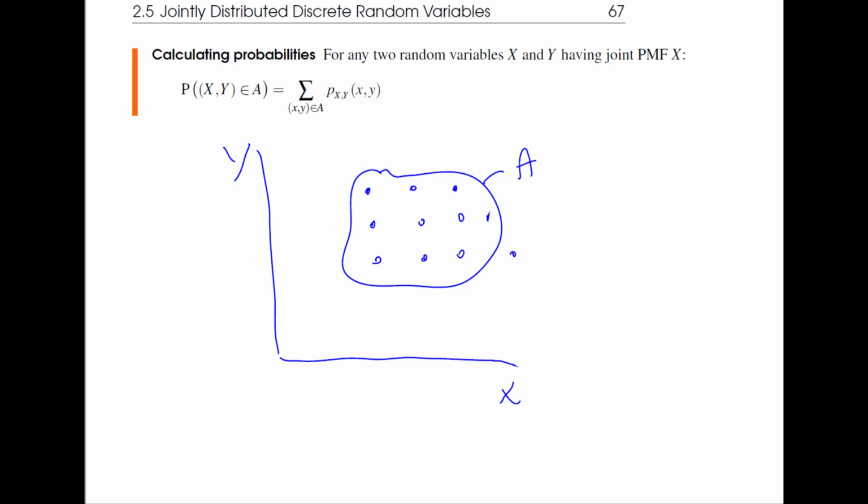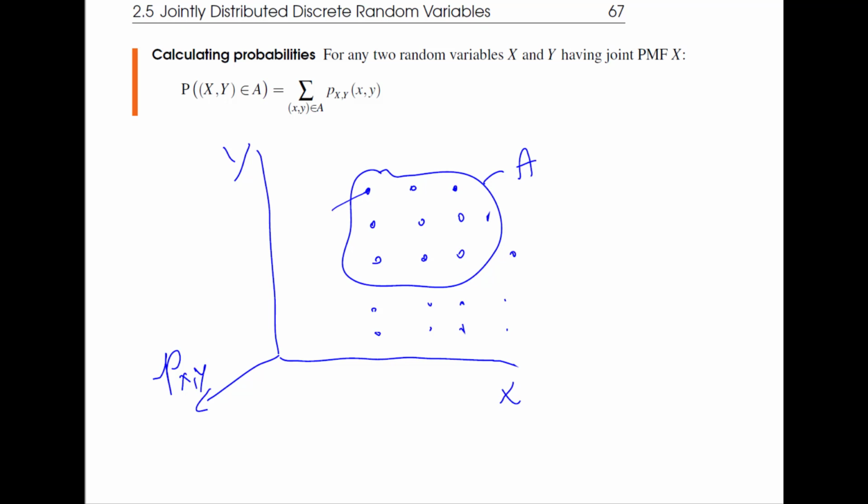So remember, we have to discretize, so imagine this is a grid of points, like in the first picture of this chapter. So we're only going to consider these probabilities shown inside the area. And if you want it in 3D, this is P of X comma Y, the joint density.